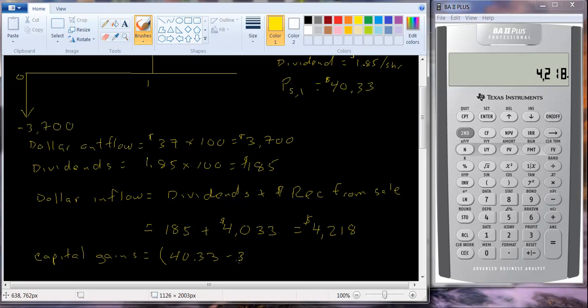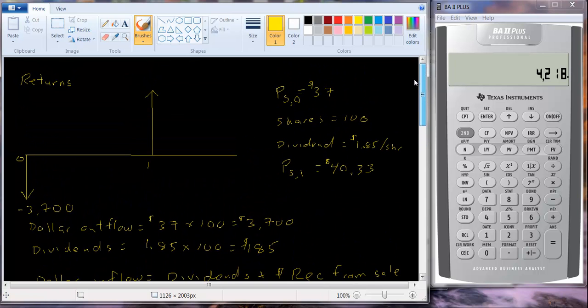We paid $37 for it, times 100, and we're going to receive a capital gain of $333. If you work this out, it's $3.33 is the capital gain per share times 100. You have a $333 capital gain.